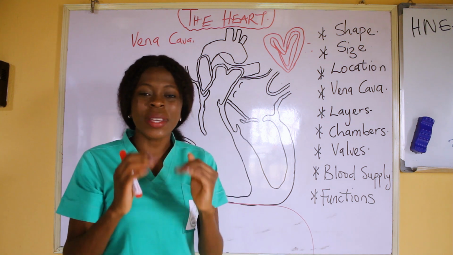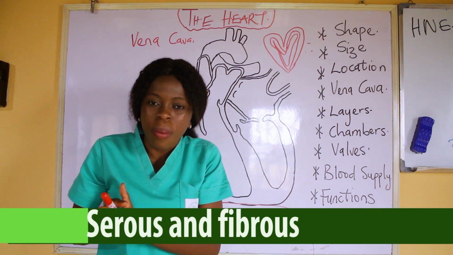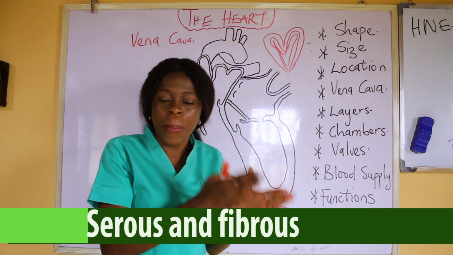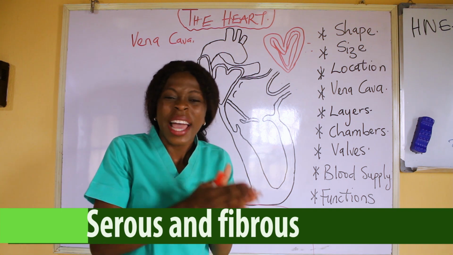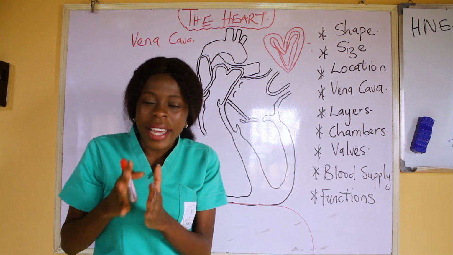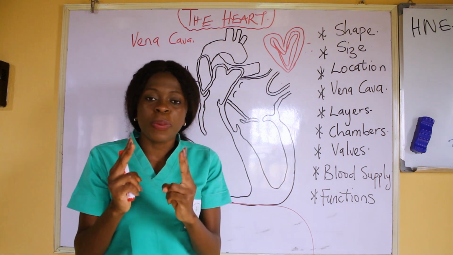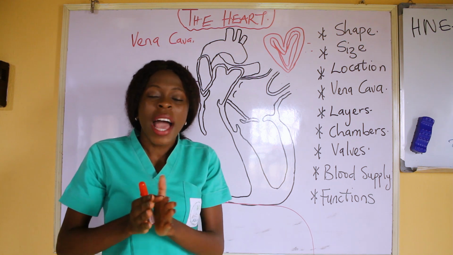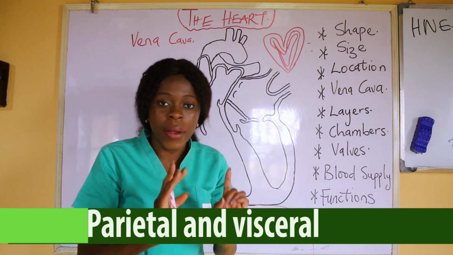This pericardium is divided into two. We have the serous pericardium and the fibrous pericardium. The serous pericardium, the inner one, is divided into two. We have the parietal pericardium and the visceral pericardium.